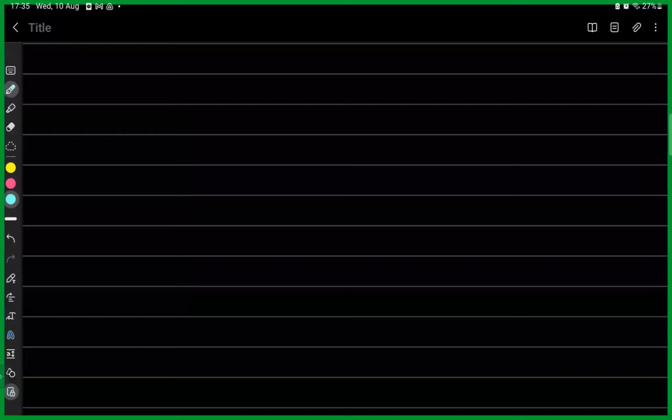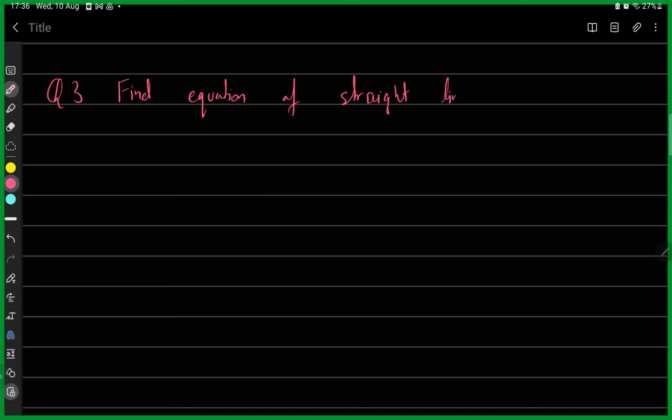Okay. So let me give you a question. Question number 3. Find the equation of the straight line, and here's the line.